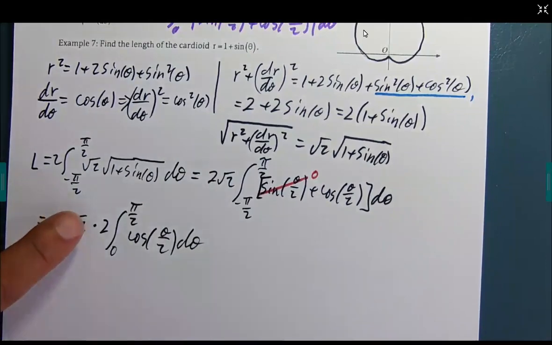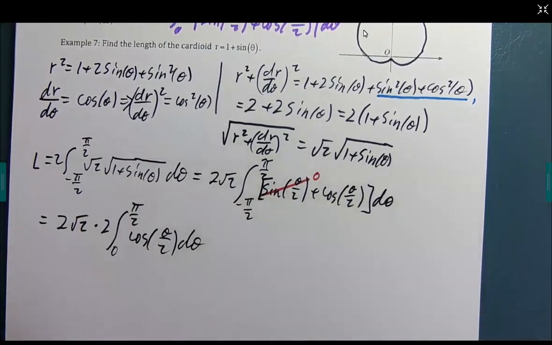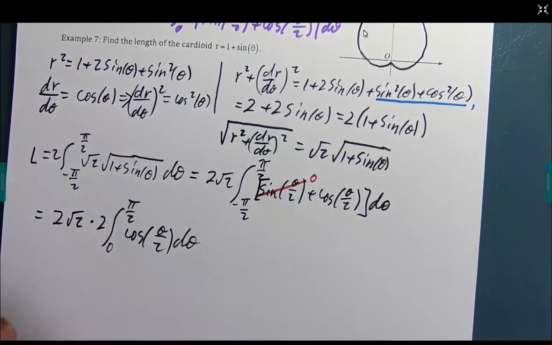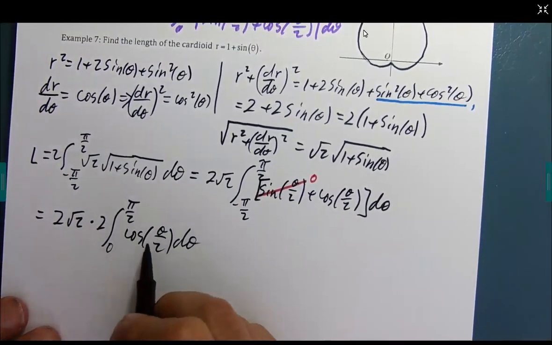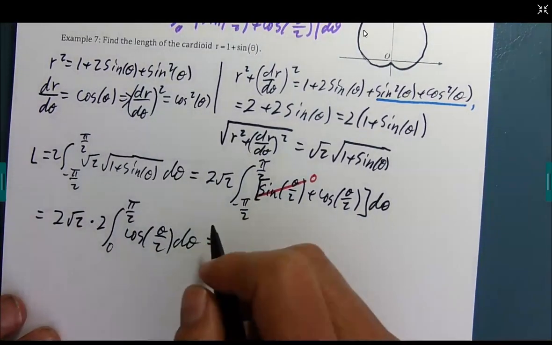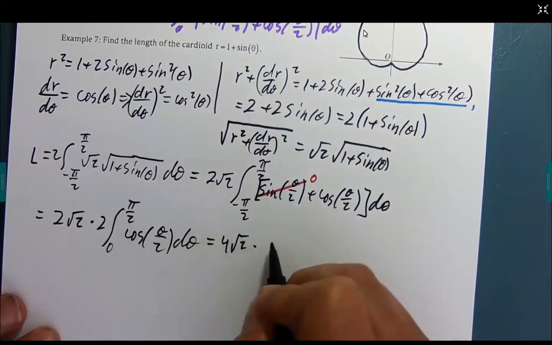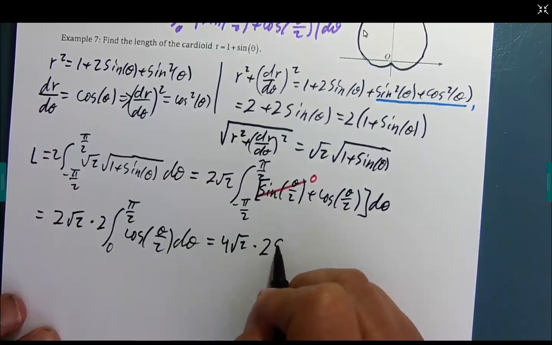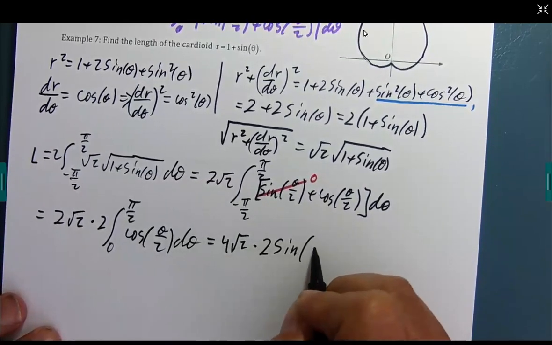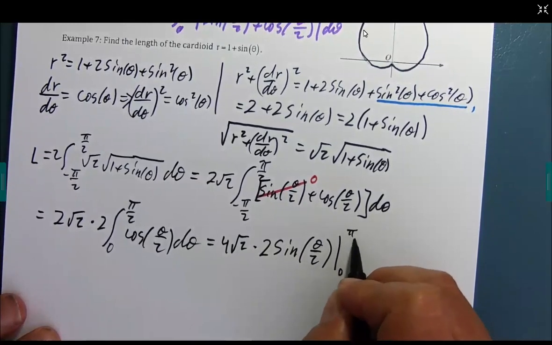That extra 2 comes from going from 0 to pi over 2 and doubling it, because that's an even function. A lot of mileage out of that. Now, when I integrate this, once again, I'm going to get an extra 2 there. So this is 4 root 2 times 2 times sine of theta over 2 from 0 to pi over 2.